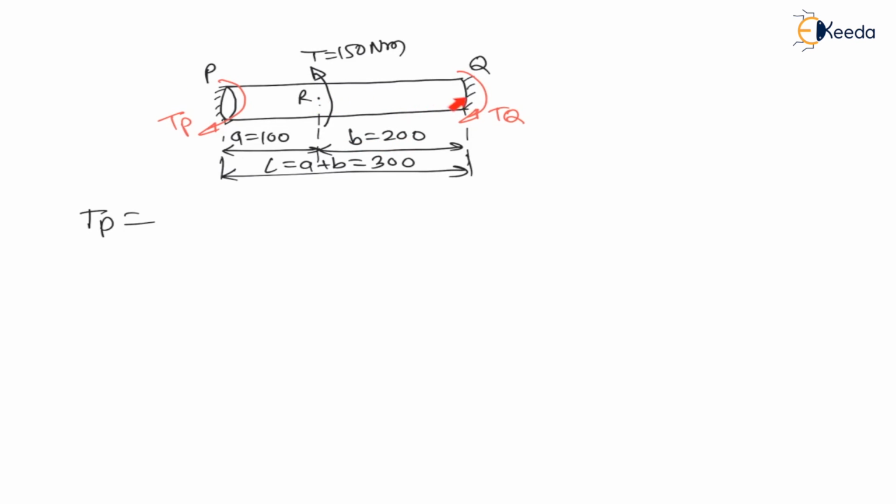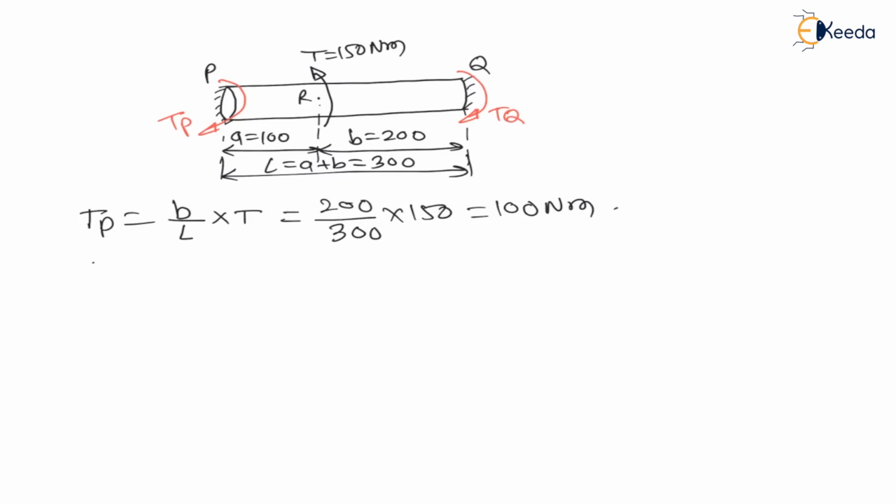The total distance is A plus B. So torque at P is B divided by total length A plus B, into total torque. Therefore, B is 200 divided by total length 300, into total torque 150, which is equal to 100 Newton meter.